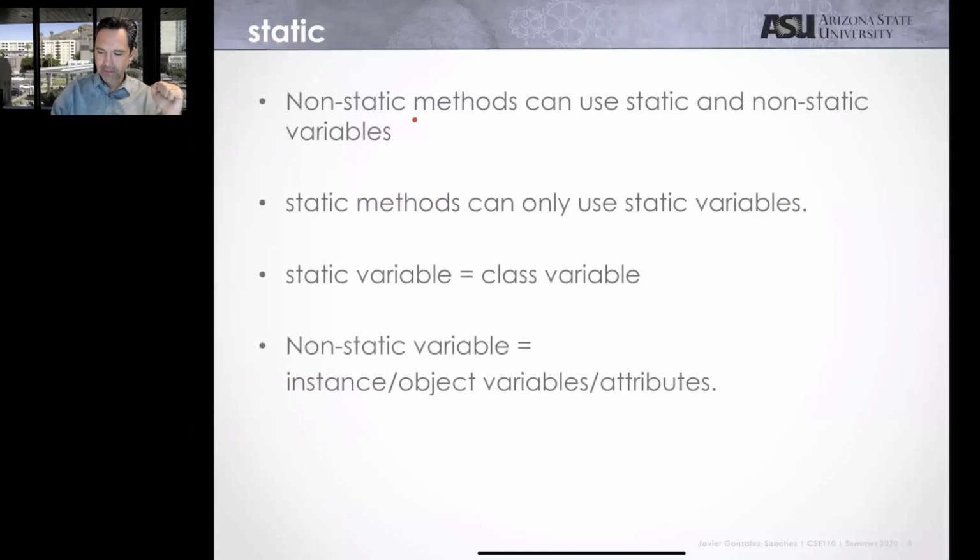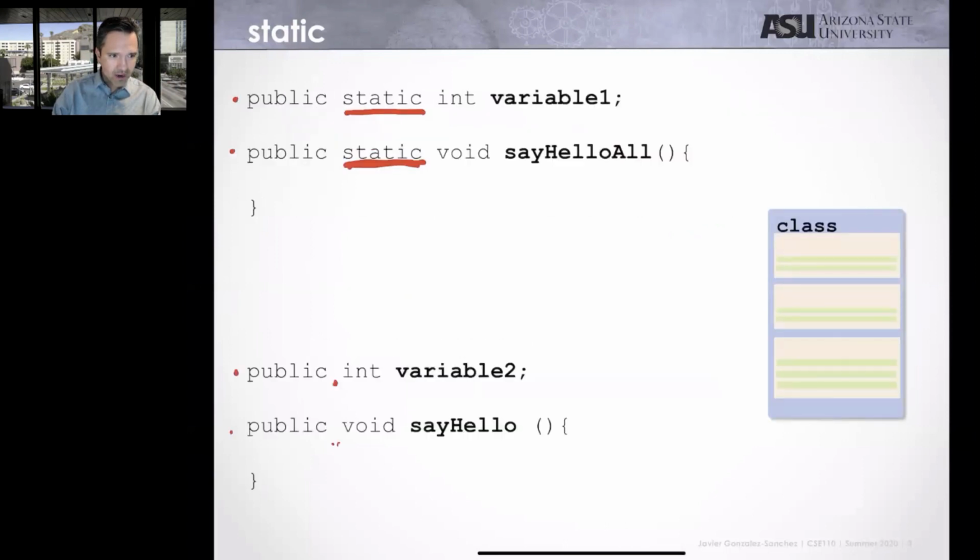Regarding the methods, if you have a method that does not have the keyword static, and I am going to use the name non-static methods, that one can use both static and non-static variables. Why? That is the rule. Going back here, do I have a non-static method in this example?